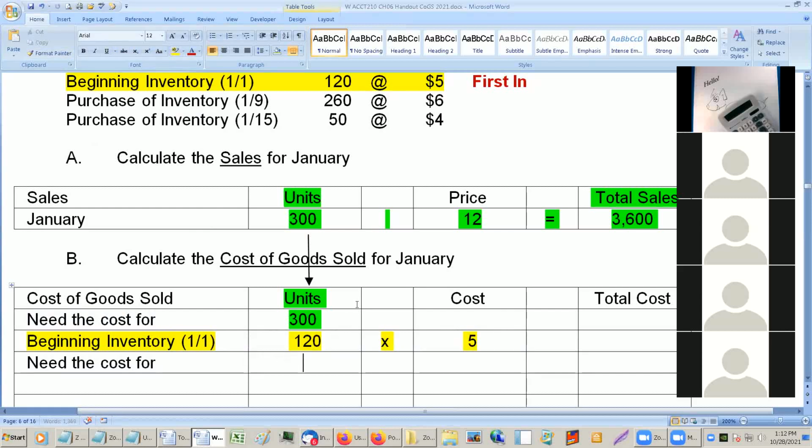And we still need the cost for how many? 180, maybe. Okay, so we still need the cost for 180. This layer is gone.